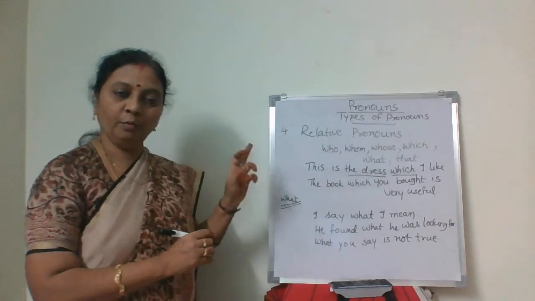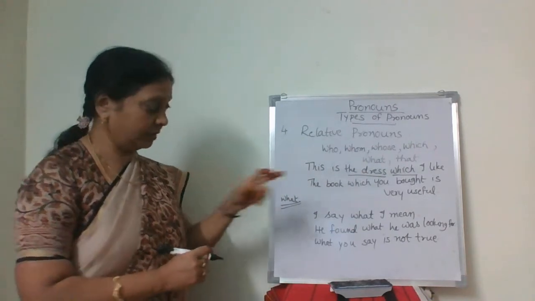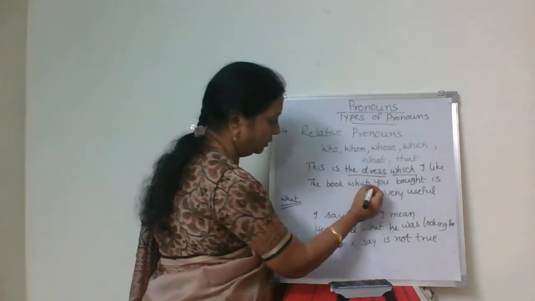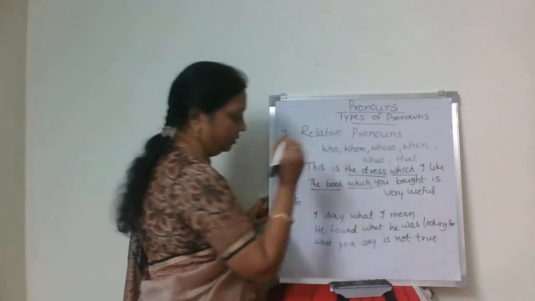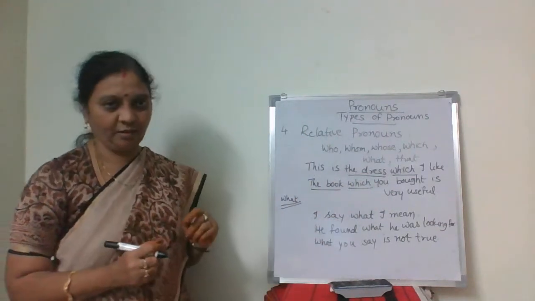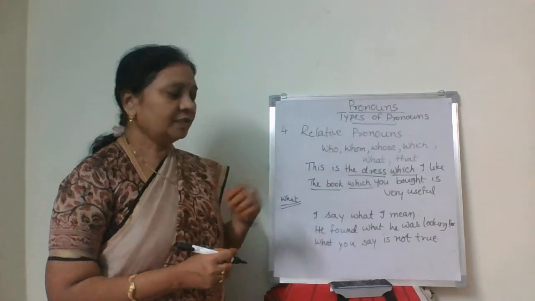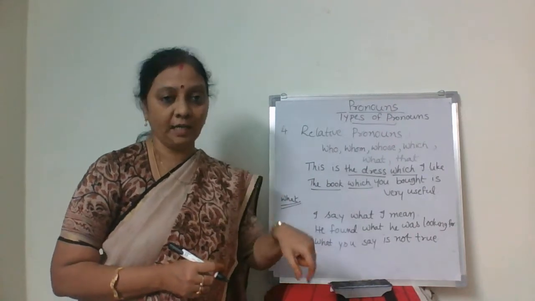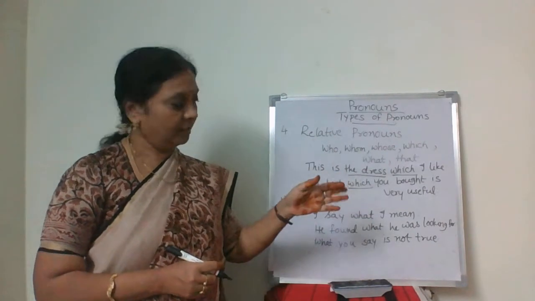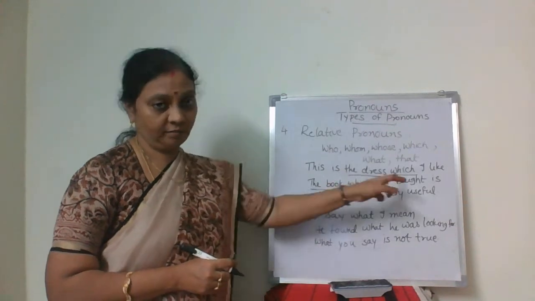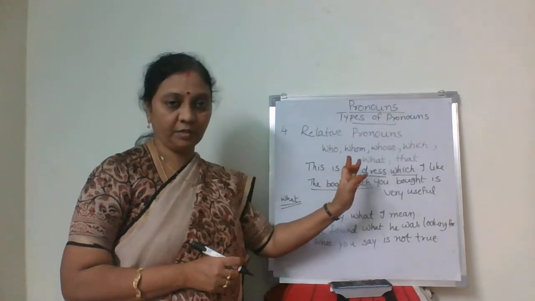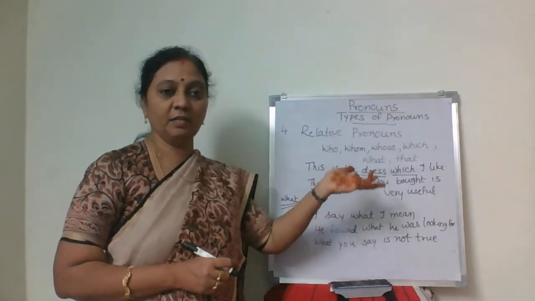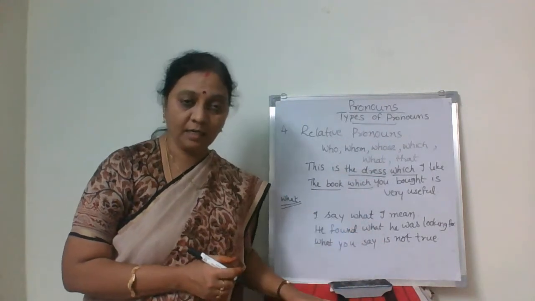Who, whom, whose are related to persons, while this relative pronoun is for things. This is the dress which I like. Dress is the antecedent, the word used before which, and which is used instead of dress.